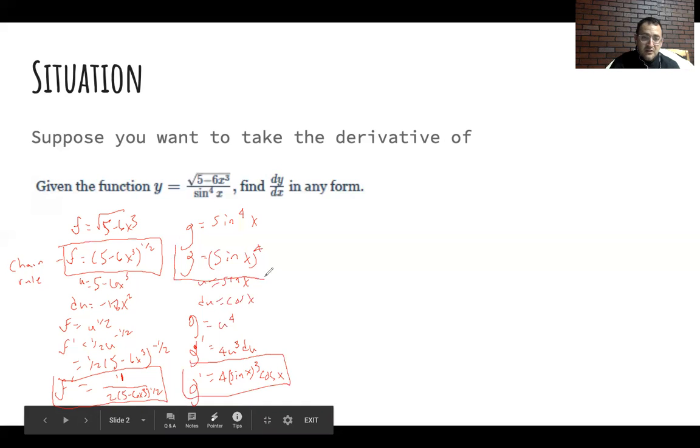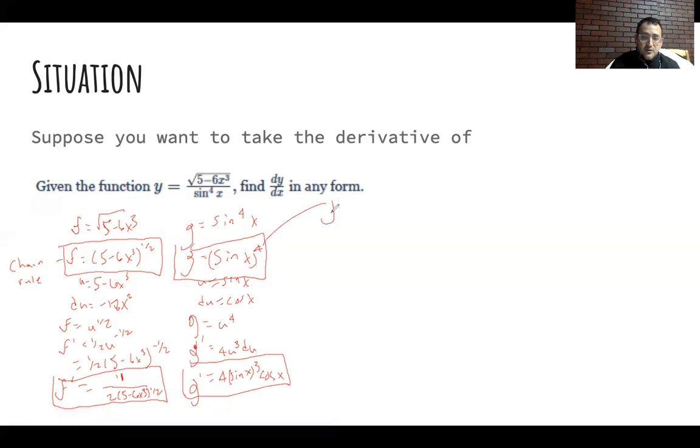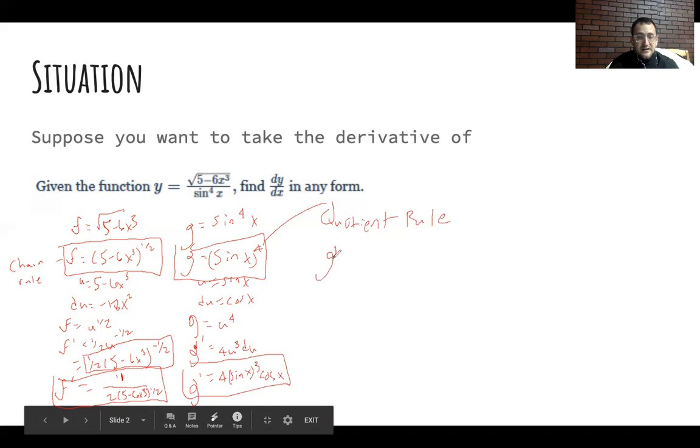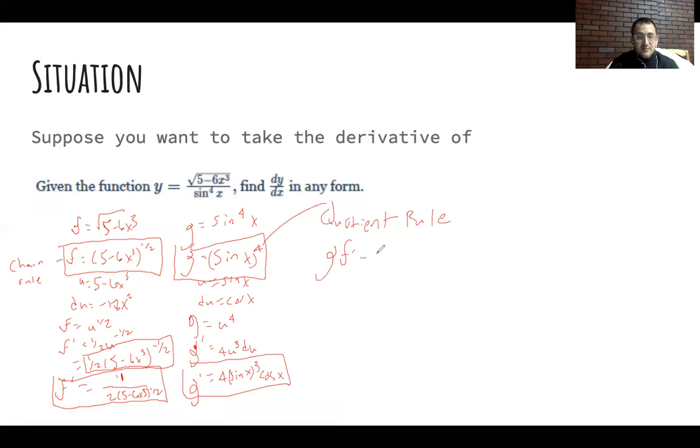So now I use the quotient rule. And I think it is okay in Delta Math if you even just go and use the step like before. So this is okay, I believe. So I'm going to just write it out. So I got g f prime minus f g prime over g squared.